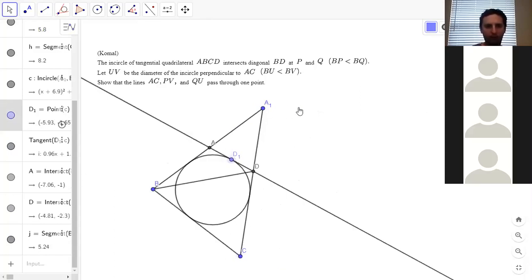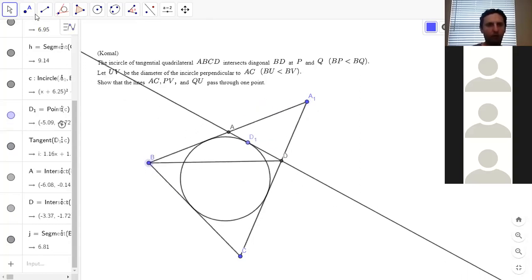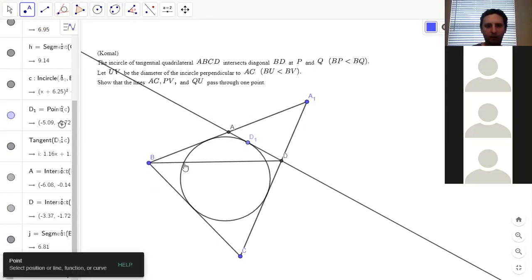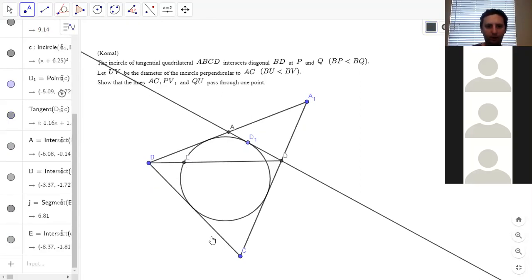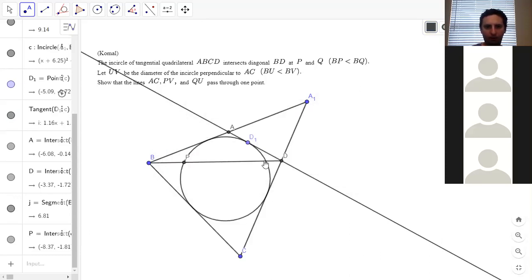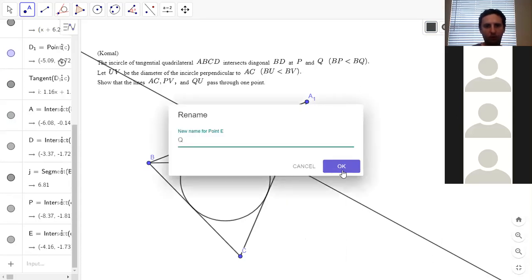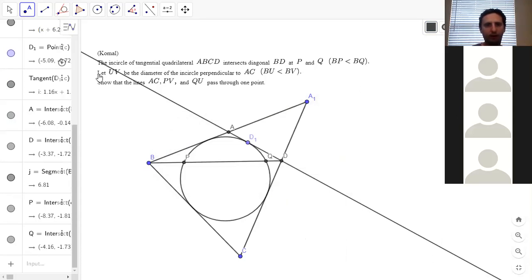There we go. So it intersects at BP. So this is P. And this is Q. And then UV is the diameter perpendicular to AC.